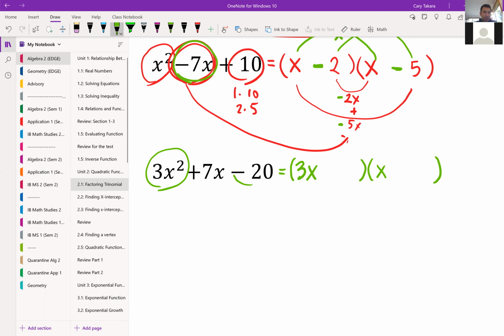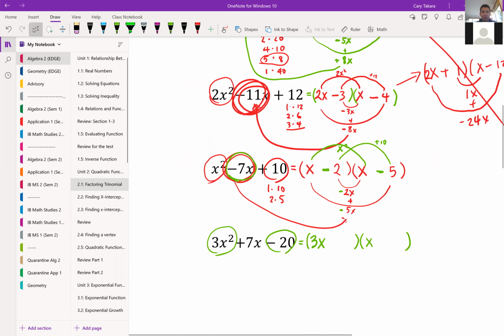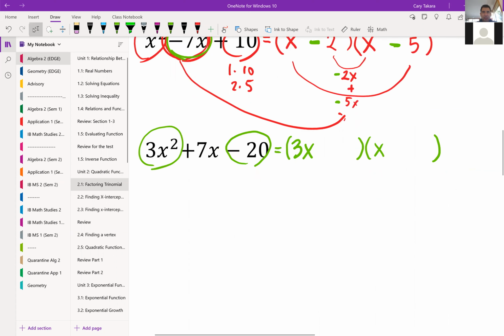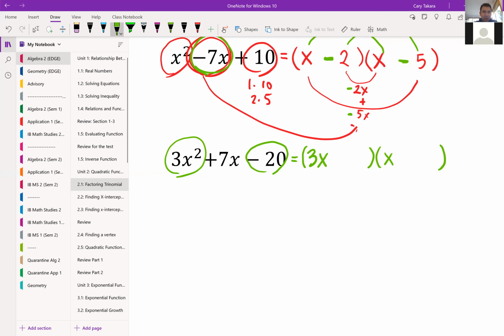Next step is to take a look at negative 20. What times y is 20? Did we do 20 before? No, that was 40. And how do we get 20? 2 times 10, 4 times 5.